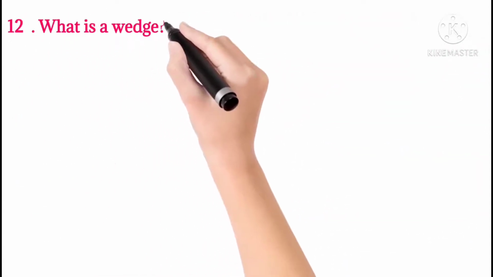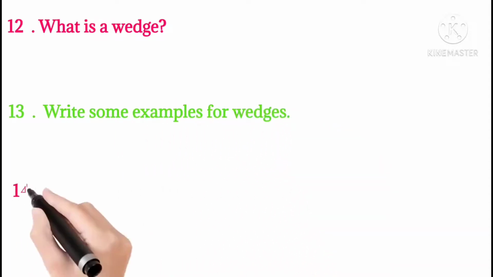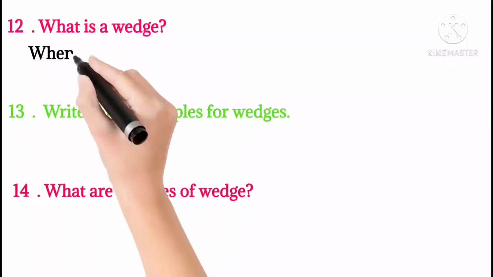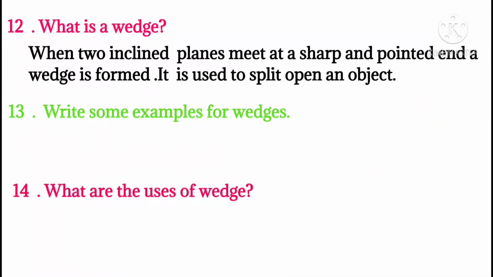Question number 12. What is a wedge? A wedge is a triangular shaped tool. It is used for splitting, lifting and tightening objects. When two inclined planes meet at a sharp and pointed end, a wedge is formed.